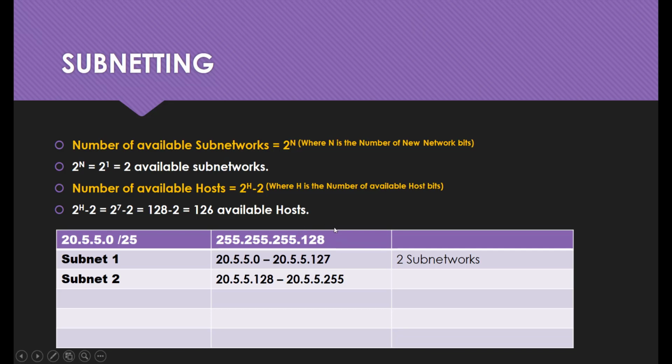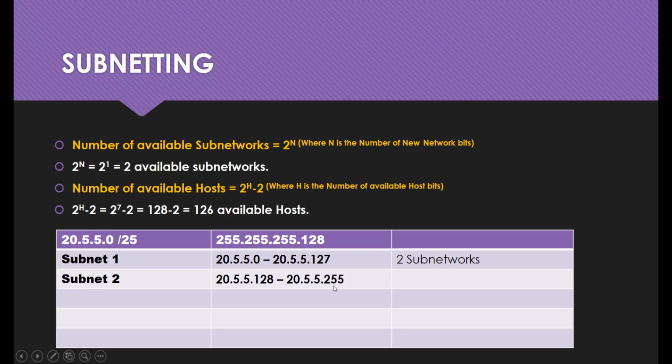With that idea, you know that each network has a step of 128. That means we should have from 0 to just before the next network, which is 128. So 0 to 127 and 128 to 255, just before 256. And that's what we have here. So that's the easiest way to predict how the networks would start and where they will end for each of the subnetworks that will be created.